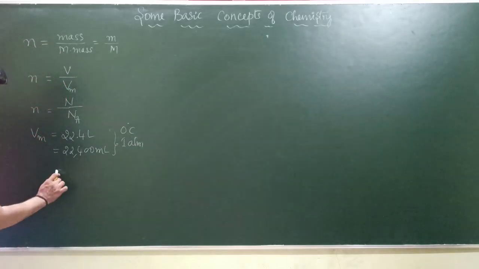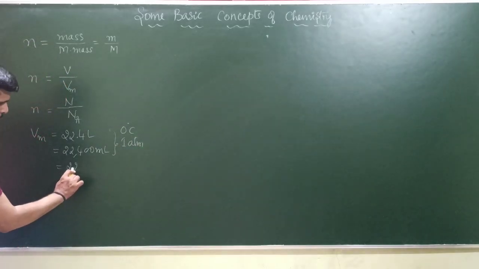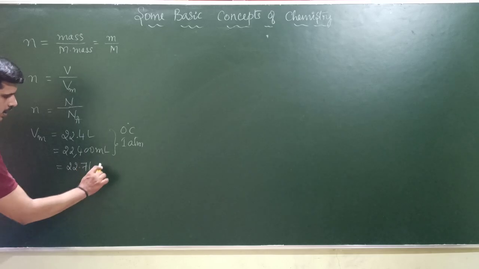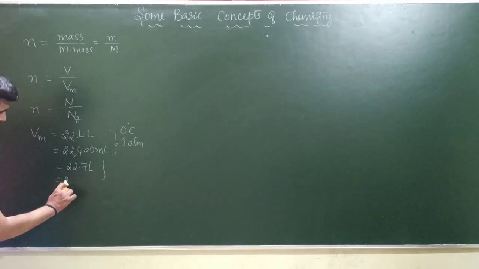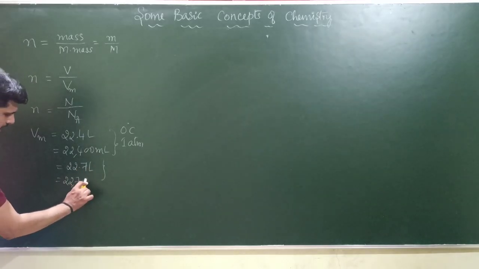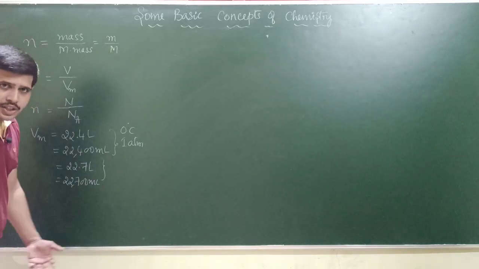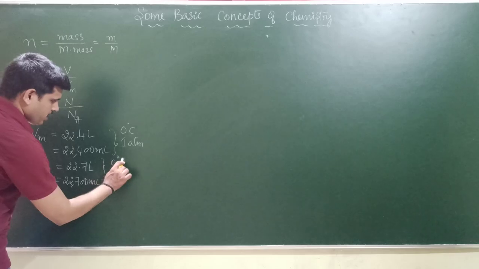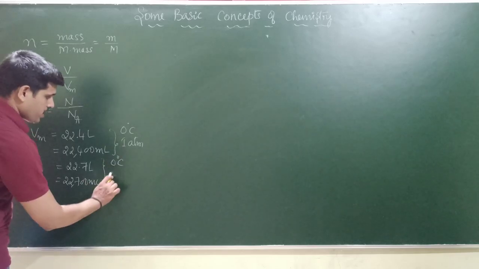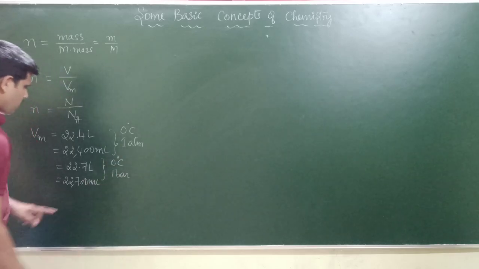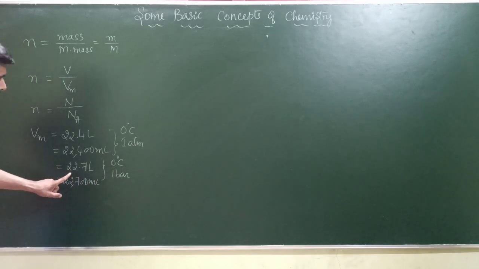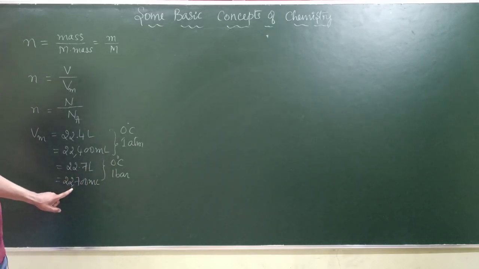The same value can be taken as 22.7 liter, that is 22,700 ml, if the temperature is the STP condition, 0 degree, but the pressure is 1 bar. Under this assumption we can write molar volume as 22,700.